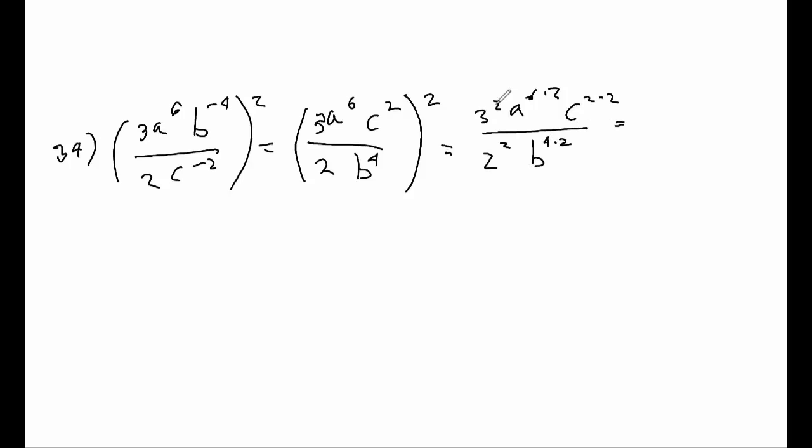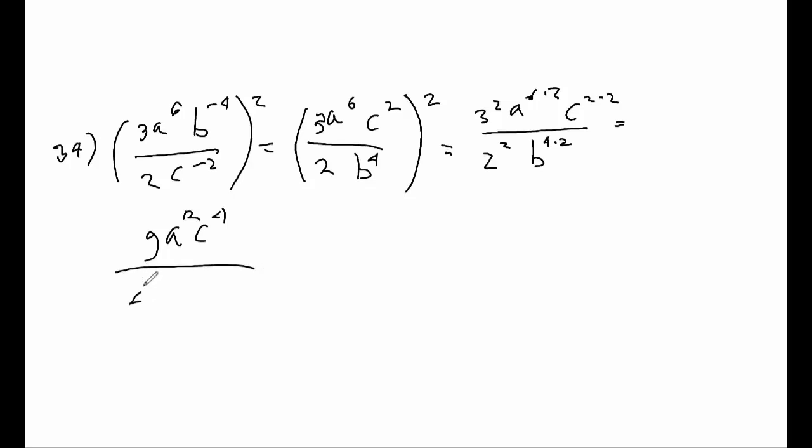So now I'll just work out the rest of it. So 3 squared is 9. A, 6 times 2. Well, 6 times 2 is 12. So that's a to the 12. C to the 2 times 2. Well, 2 times 2 is 4. And then on the bottom, I have 2 squared.